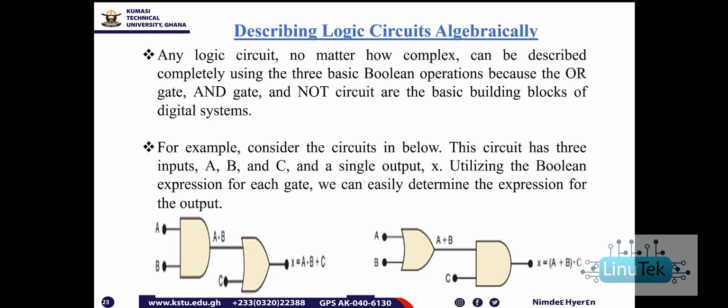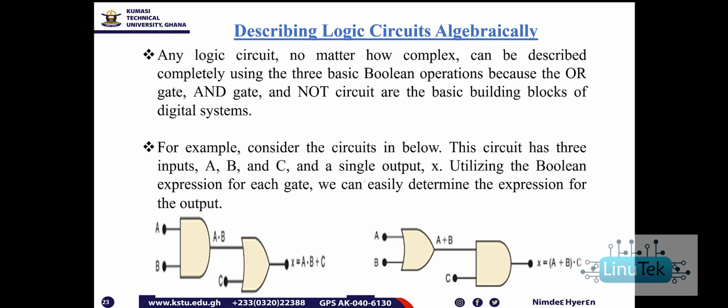Now let's look at describing logic gates algebraically. Any logic circuit, no matter how complex, we can describe using the 3 basic Boolean operations, because of the OR gate, the AND gate, and the NOT gate.